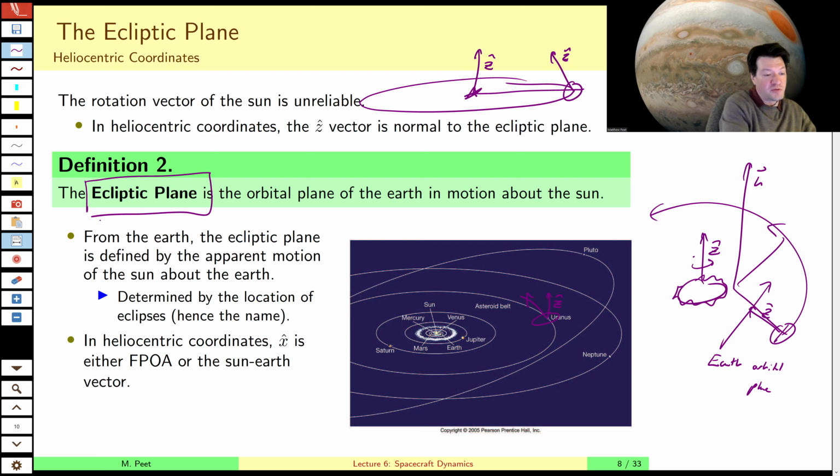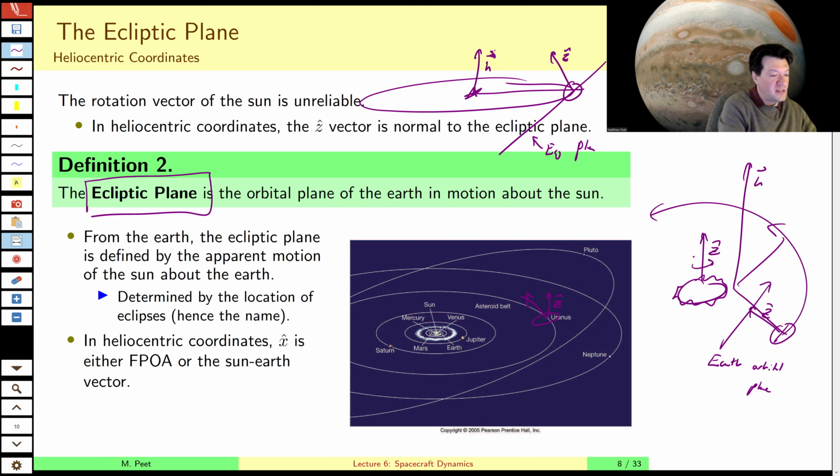We define the equatorial plane as the plane perpendicular to the rotation vector of the Earth. And now we define the ecliptic plane as the plane perpendicular to the angular momentum vector of the orbit of the Earth.